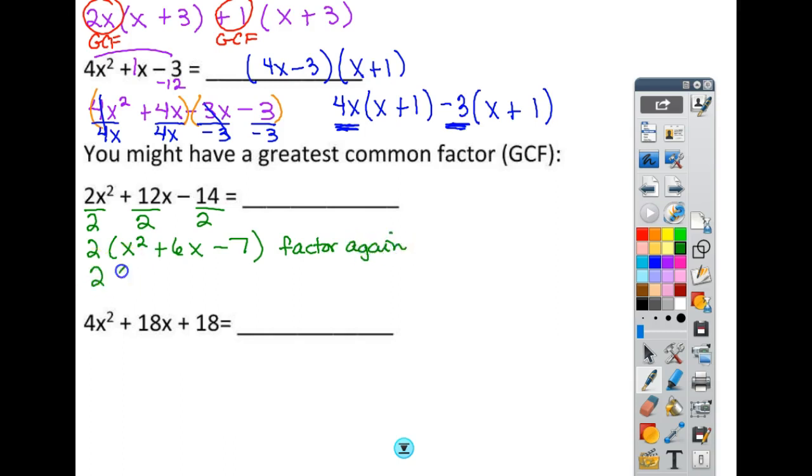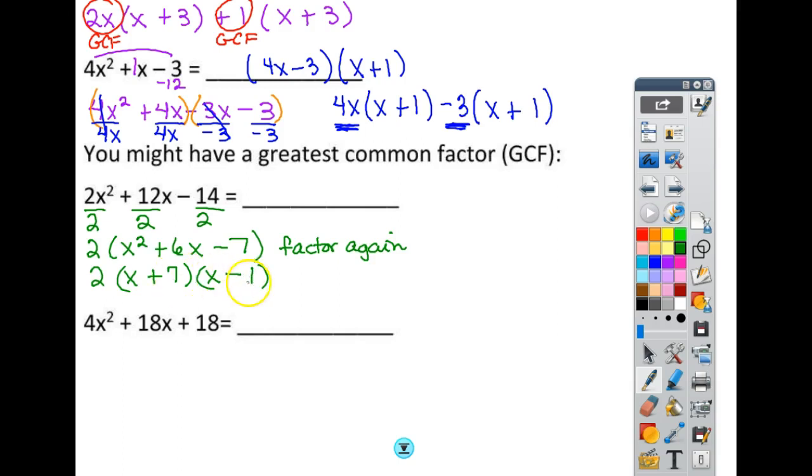So how do they factor? What multiplies to negative 7 that adds to 6? A positive 7 and a negative 1.